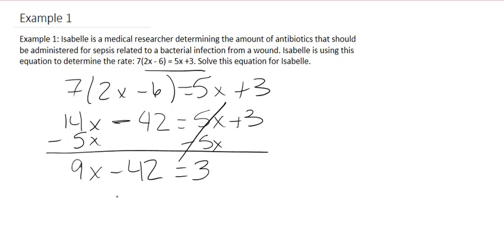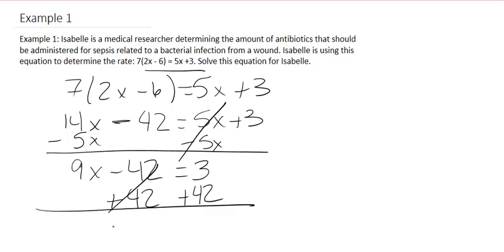Now we're going to add 42 to both sides. So we get rid of the 42 on the left-hand side and we can start isolating the x. So now we're left with 9x is equal to 3 plus 42 is 45. So let's just bring it right here.